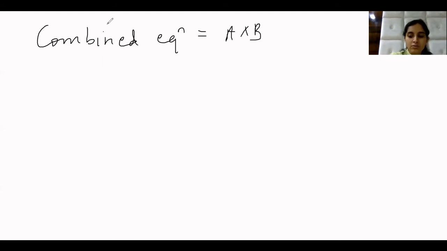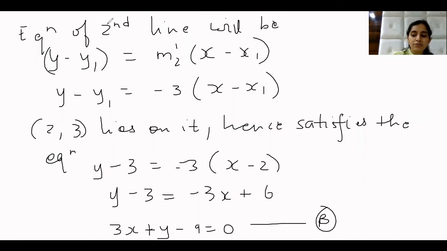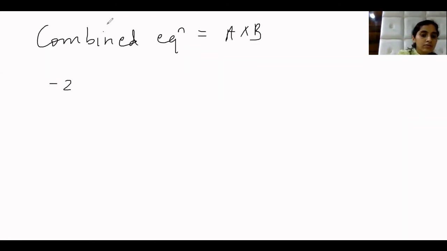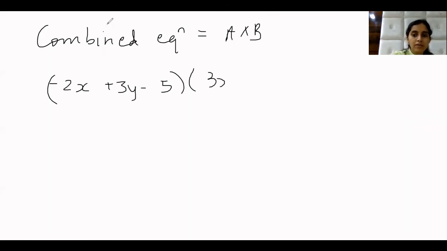Our first equation of the line, 3y minus 2x minus 5. Now write the x term first. So minus 2x plus 3y minus 5, multiplied by B. What is B? 3x plus y minus 9 equal to 0. Let's multiply.